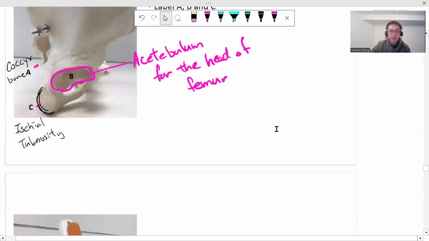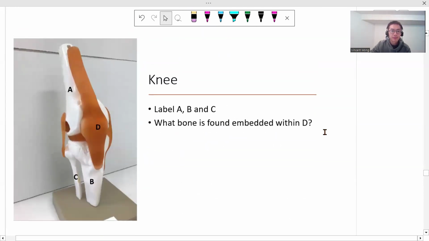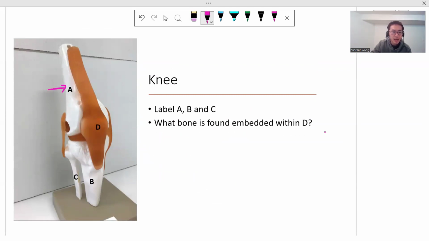Almost there. Hang in there. We're almost done. Okay, ABC. This is the knee. So that is the distal end of the femur. The proximal end connects with the acetabulum, right? And what bone is B and C? Help me out, please.